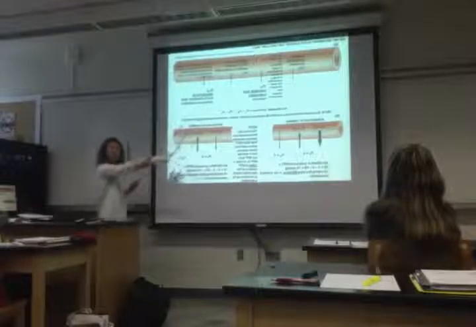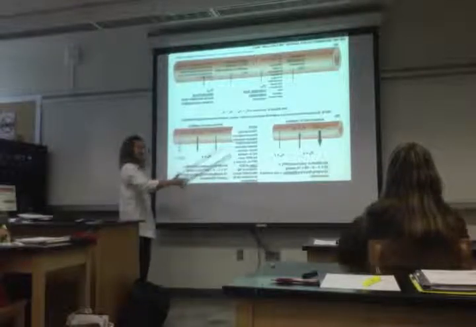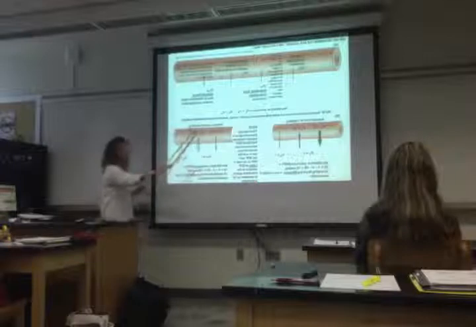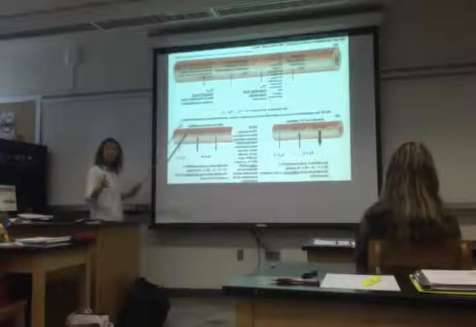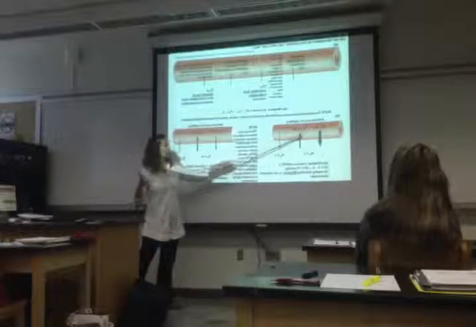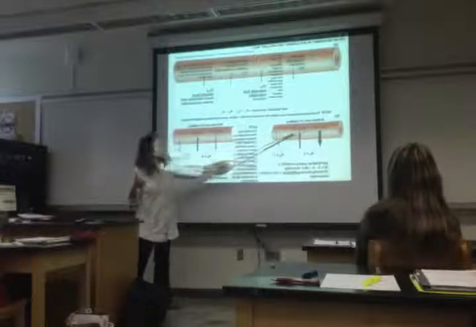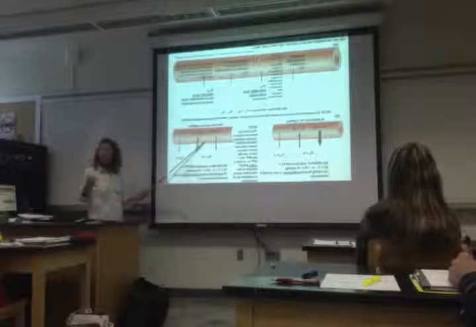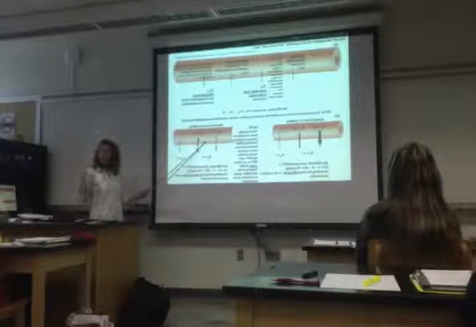So now we're looking at a simple diagram of a real capillary bed. We have to acknowledge that entering into the capillary bed, numbers are going to be different from leaving the capillary bed. So let's see.